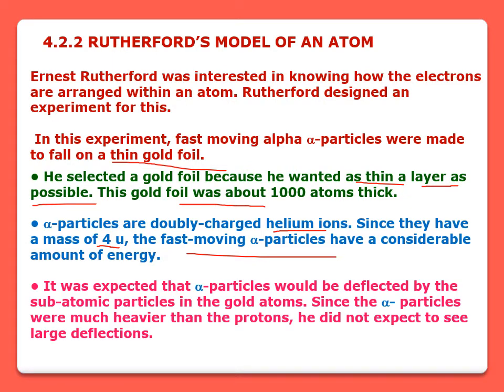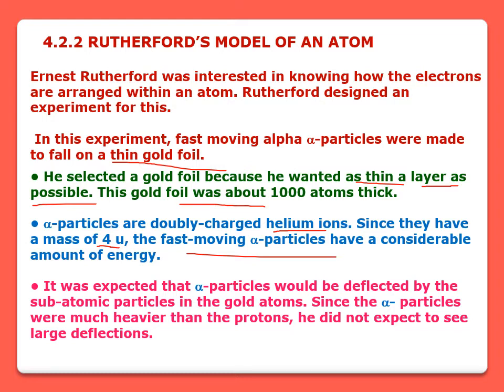It was expected that the particles would be deflected by subatomic particles in the gold atoms. Since alpha particles were much heavier than the protons, he did not expect to see large deflections during his experiment. So these 3 points he considered when he was going to start his experiment, right?